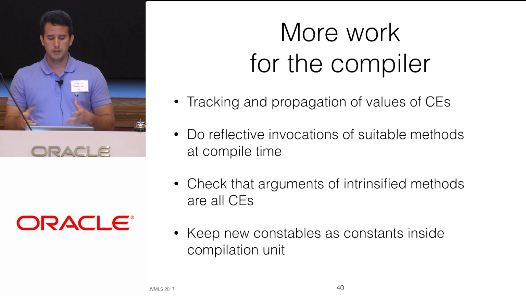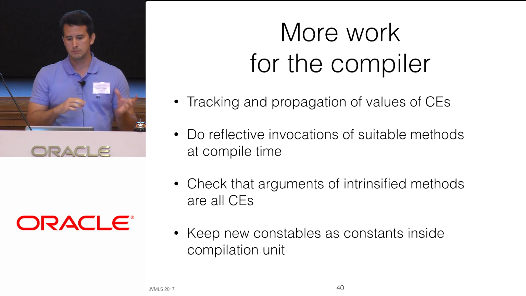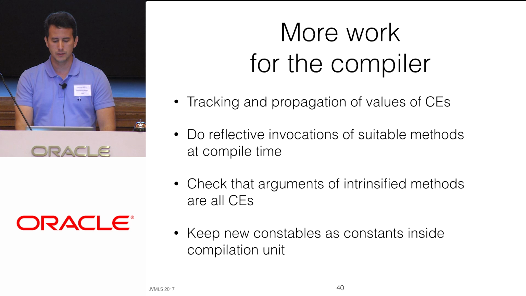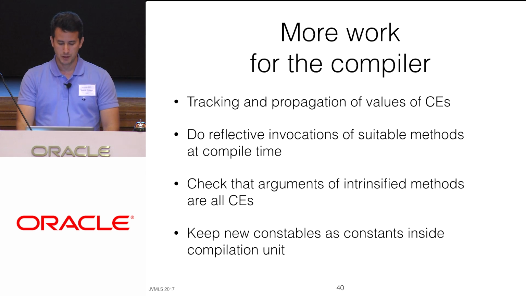Things can go wrong, because at some point you can have some invocations failing. This is, of course, reflective. And we have to check that all the arguments passed to an intrinsic method are all constant expressions.